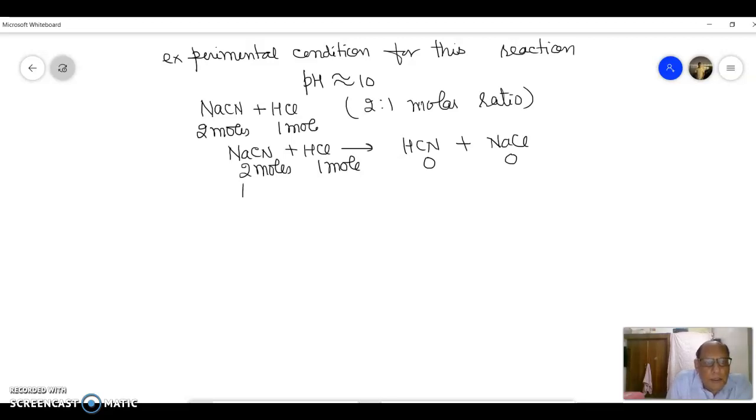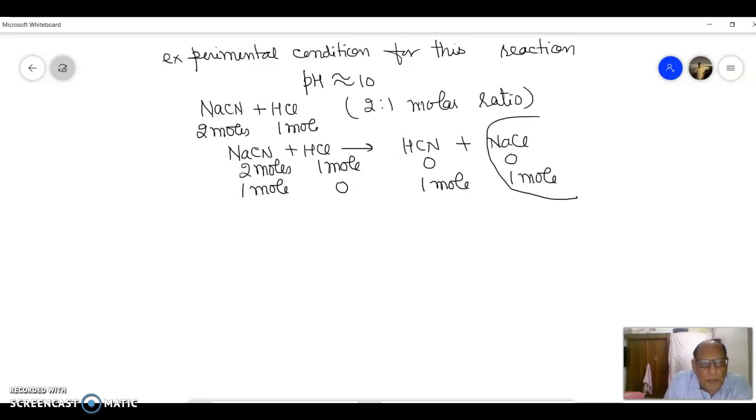At the end of the reaction, 1 mole of sodium cyanide would be left behind. Hydrochloric acid, being the limiting reagent, will be completely consumed. 1 mole of hydrocyanic acid will be formed with 1 mole of sodium chloride. Formation of sodium chloride is immaterial because it is a salt made up of a strong acid and a strong base, which does not undergo hydrolysis, and hence it is not going to affect the pH of our solution.